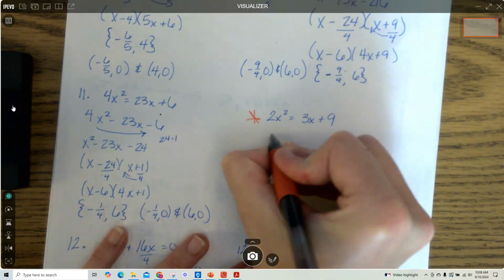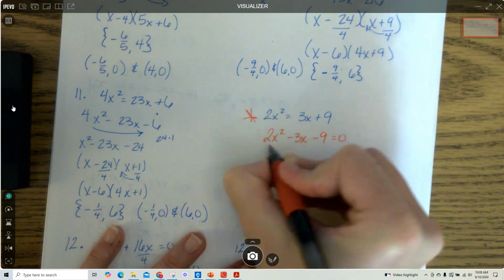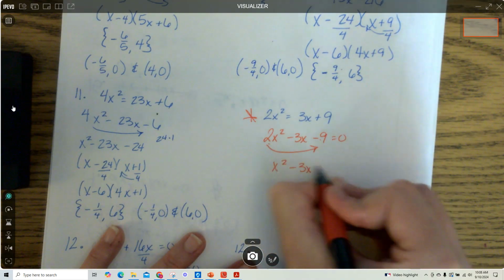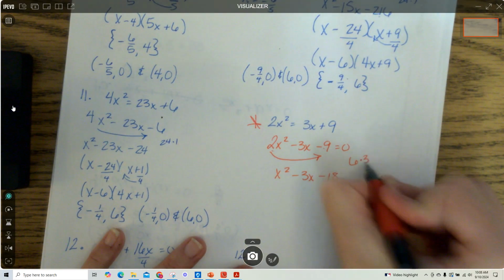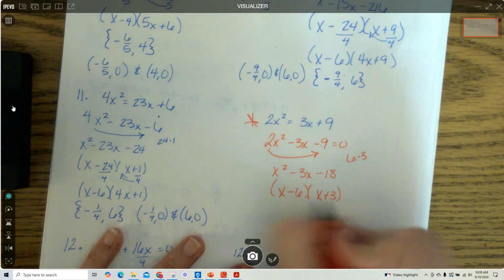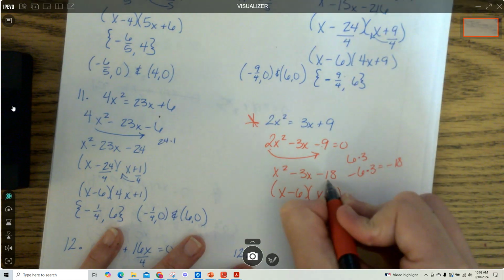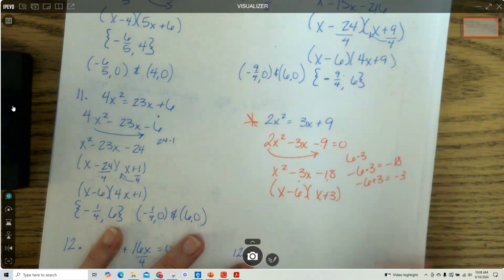Okay, so this one, get all the pieces together. We're going to slip. So we would have x squared minus 3x, 2 times negative 9 is negative 18. 18 is 6 times 3. So x minus 6, x plus 3. And how I'm doing that so quick: negative 6 times 3 equals negative 18, negative 6 plus 3 equals negative 3.